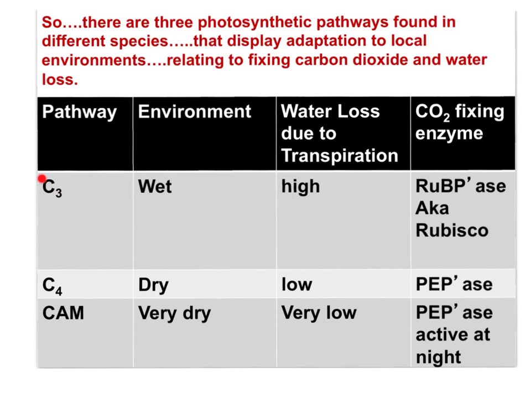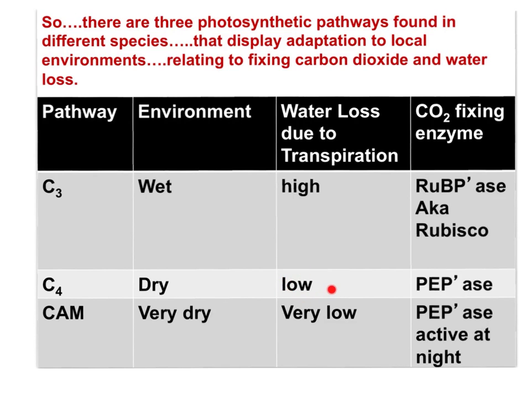So far, I've outlined two photosynthetic pathways. The C3 pathway uses Rubisco to fix carbon dioxide, but due to the need to keep open stomata, C3 plants are well adapted to wet environments. C4 plants use PEP carboxylase with its higher affinity for carbon dioxide, allowing for partially closed stomata.